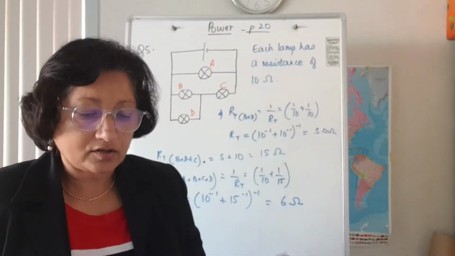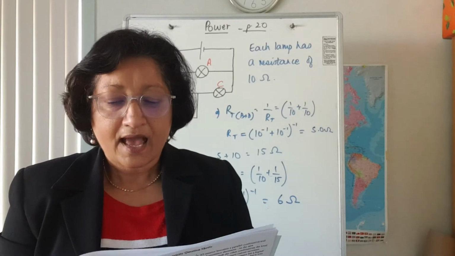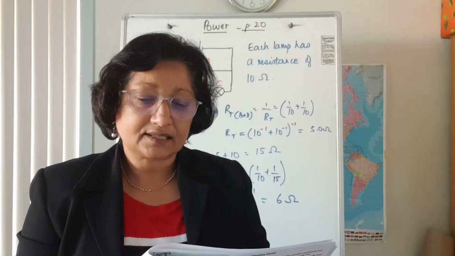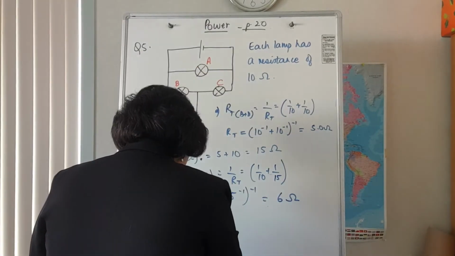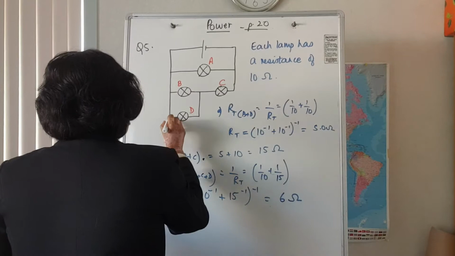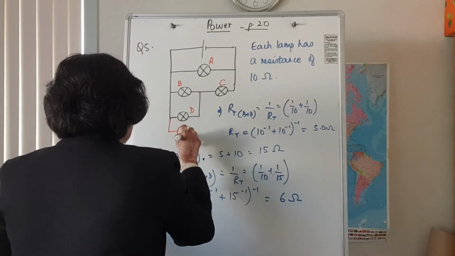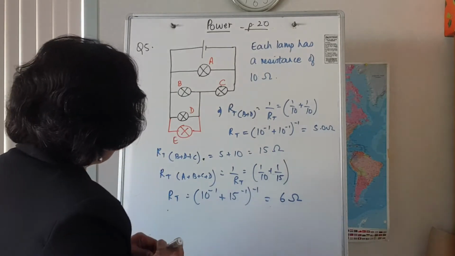Moving on. The brightness of a lamp depends on the power it uses. An identical lamp E is connected in parallel with D. I'm just going to do red. They're going to connect one more lamp E over here.